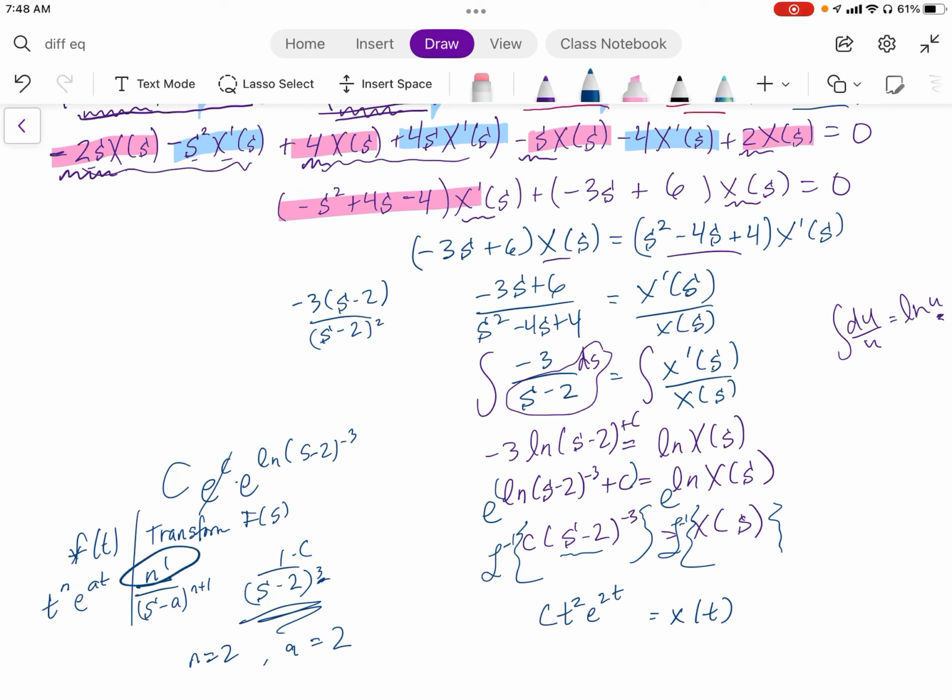Why did I not worry about n factorial? Because we have an unknown constant. If you multiply that by 2 factorial, it's still some constant that I don't know, so it's kind of irrelevant. I don't need to say 2 times the constant. I guess I should change variables.